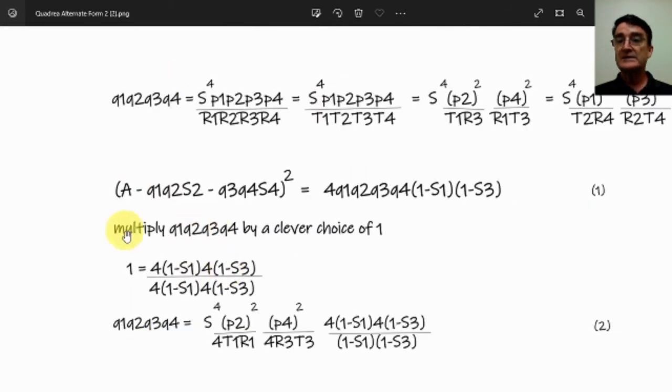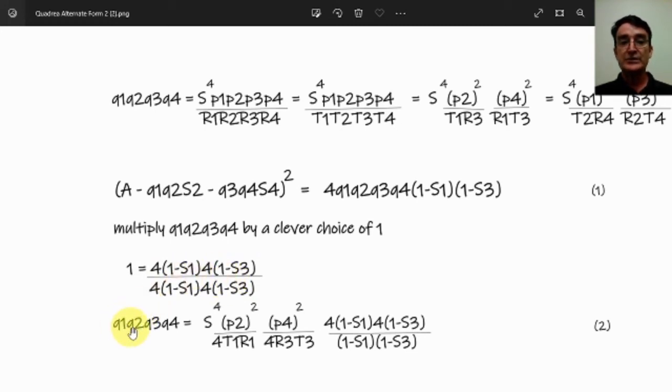Next we're going to multiply the quantity Q1, Q2, Q3, Q4 by a clever choice of 1. That clever choice of 1 is 4 times 1 minus S1 times 4 times 1 minus S3, all divided by 4 times 1 minus S1 times 4 times 1 minus S3. So this value on the right hand side is equal to 1.